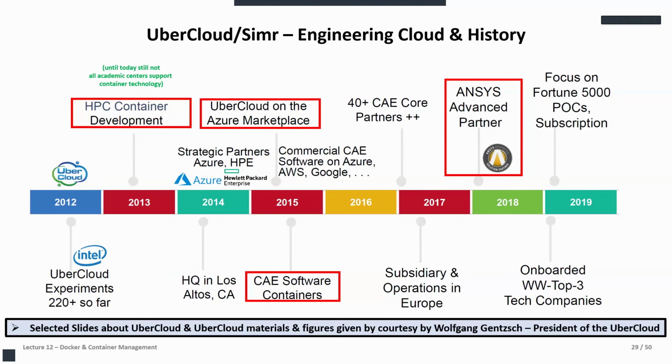Because you can, of course, choose to use one of these bigger ones for doing the actual computing, while you use the containers provided by UberCloud or SimR. Then you see some strategic partnerships with ANSYS, for instance. ANSYS, if you remember, was one of these important libraries and packages. And you see here computer-aided engineering software containers and so on.